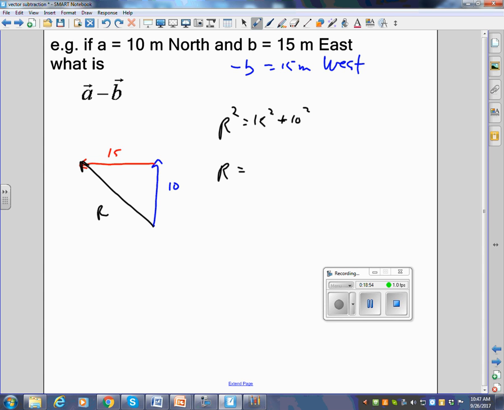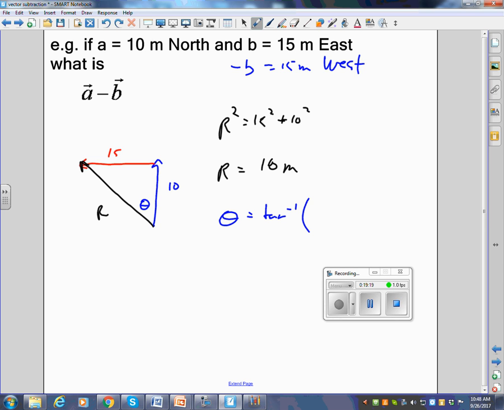18, I guess this is going to be meters, right? Find the angle where you start. Always, always where you start. Theta equals inverse tan.